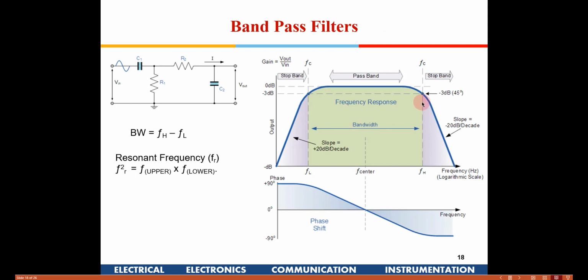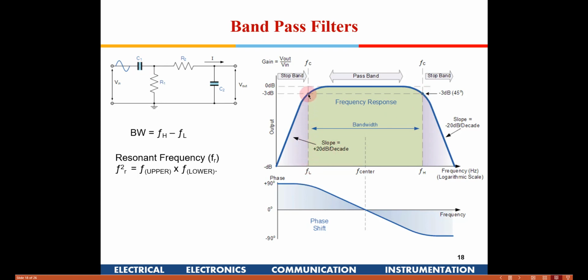Okay, now in the band pass filter, there is a high pass filter and a low pass filter, right? So this is a low pass filter. For high frequencies this is going to get attenuated, and this is a high pass filter where low frequencies are going to be blocked. So this was the FL.